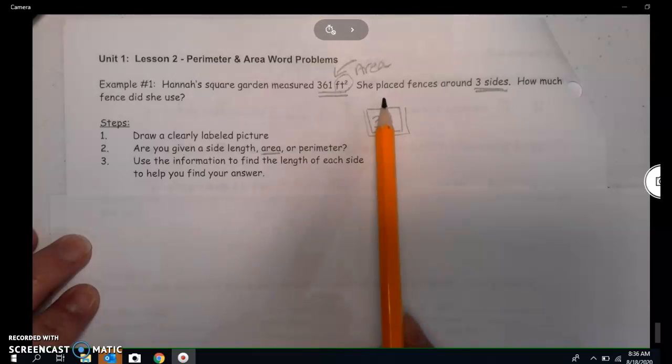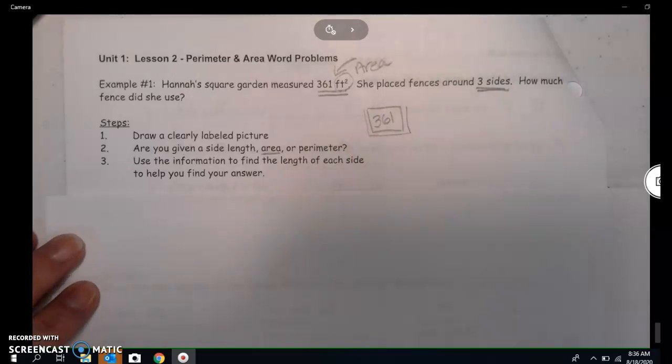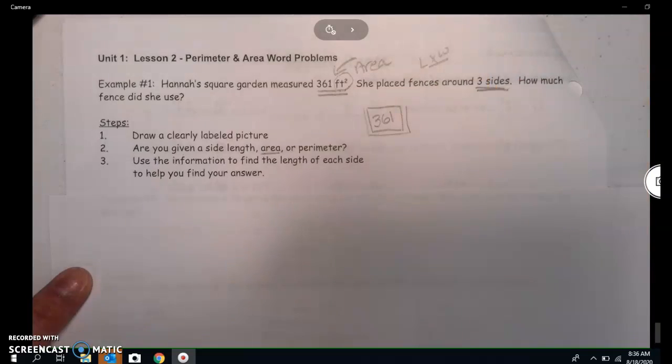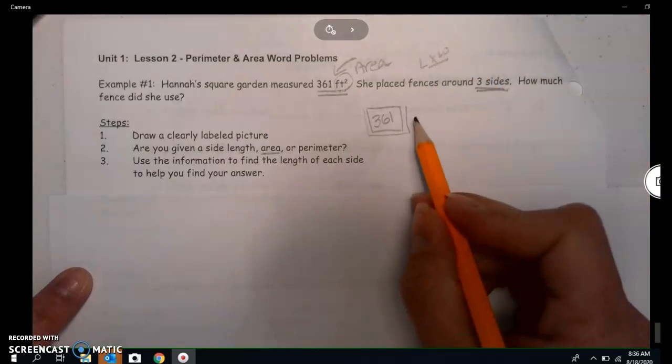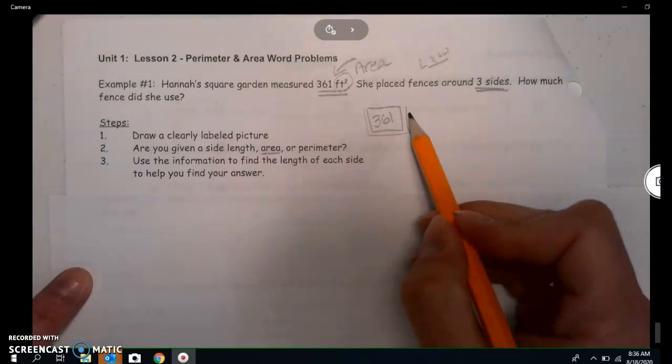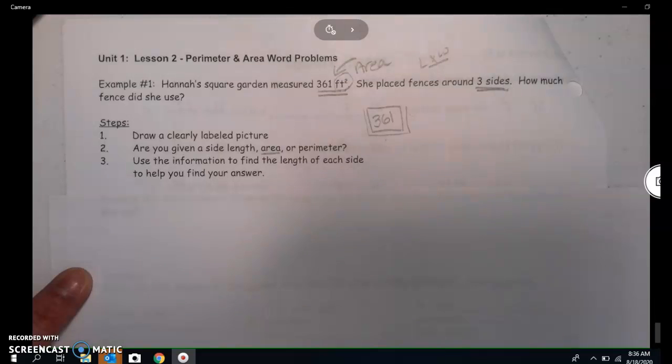So we have no idea what each side represents, but we do know that area is length times width. And we also know on a square that these 2 sides are the same. So let's say we picked 5 and 5. That would get us 25. So it's way higher than 5.